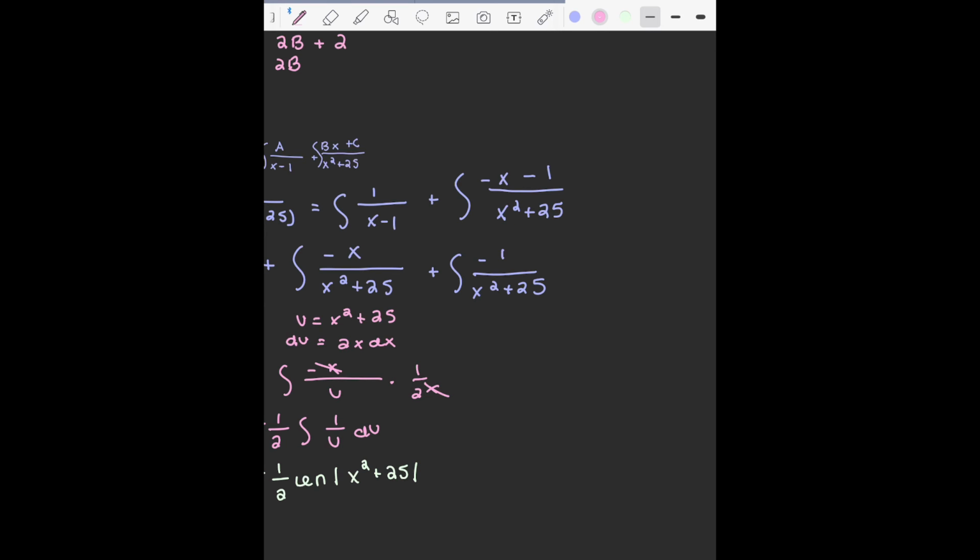There is no substitution for this one, but if you notice, this looks similar to our inverse tangent function. I'm going to pull out a 25 in the bottom.